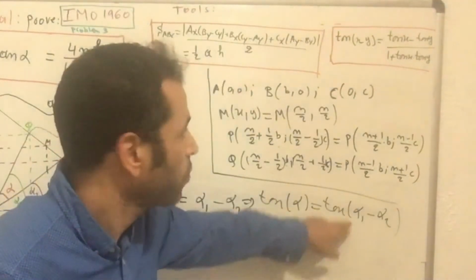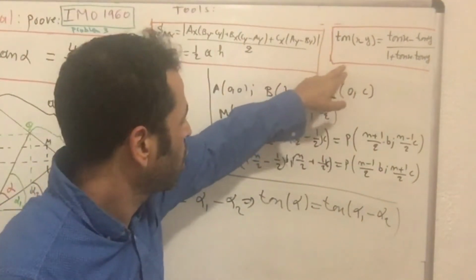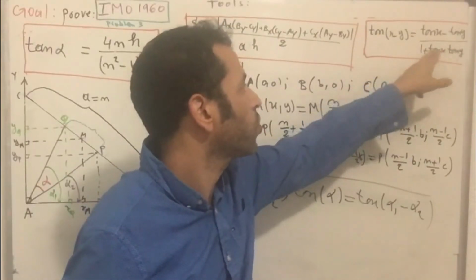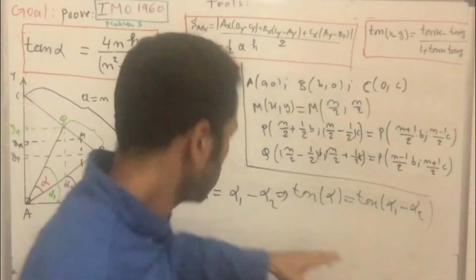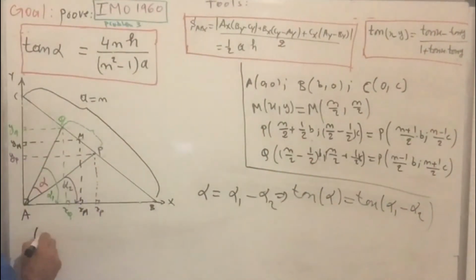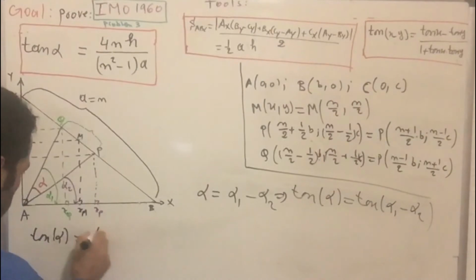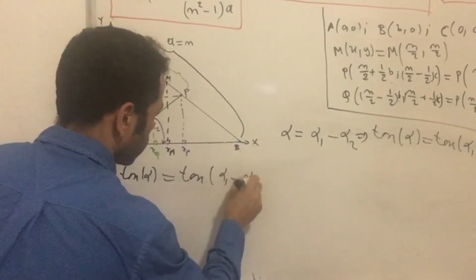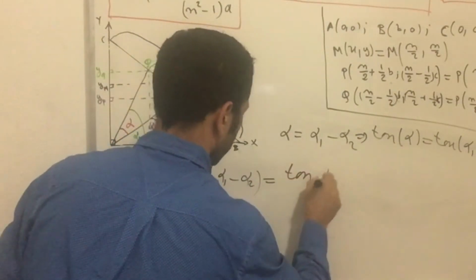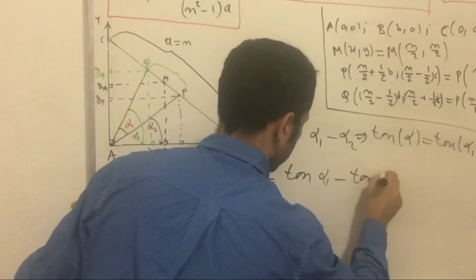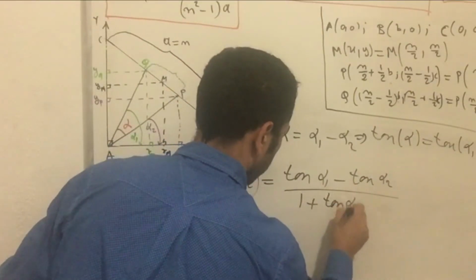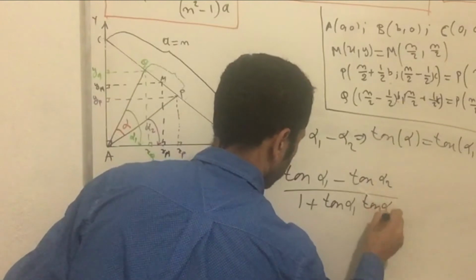What's the tangent of alpha 1 minus alpha 2? We have this formula. Tangent of x minus y equals tangent x minus tangent y over 1 plus tangent x multiplied by tangent y. So this is exactly what I'm applying here. So now tangent alpha equals tangent alpha 1 minus tangent alpha 2 over 1 plus tangent alpha 1 multiplied by tangent alpha 2.